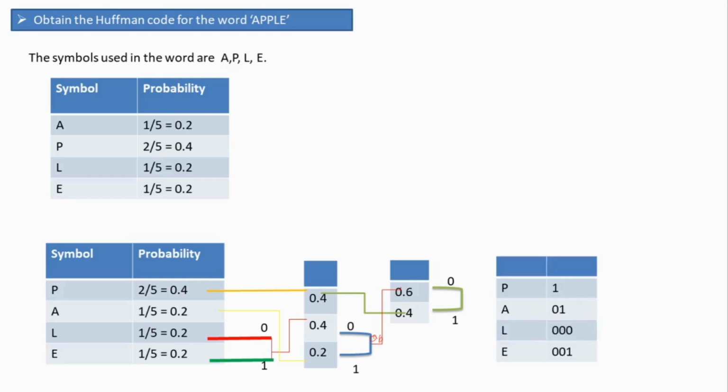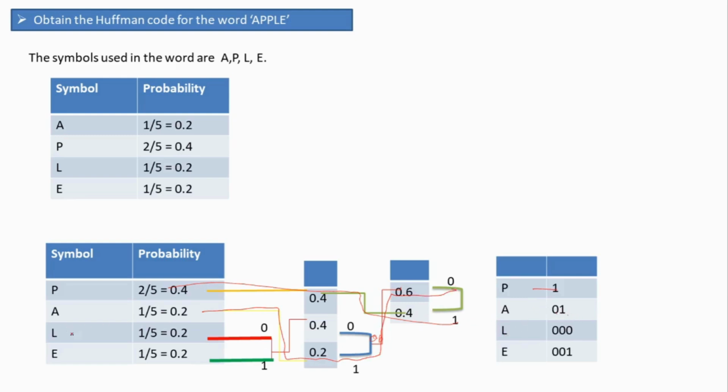That is for the symbol P. For the symbol P, the code word is 1. For the A, it is 1, 0; we have to write here 1, 0.